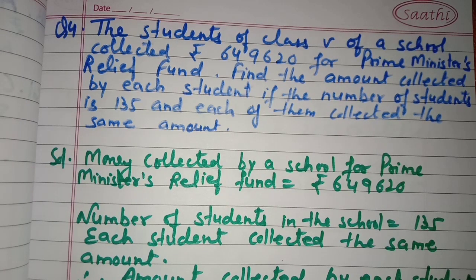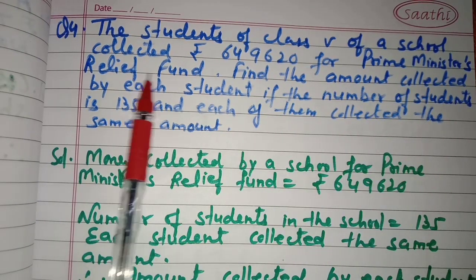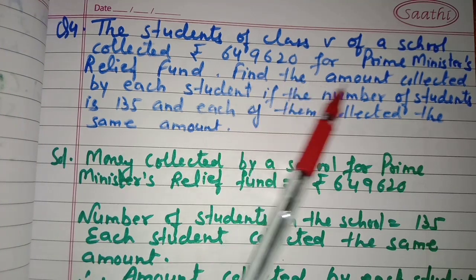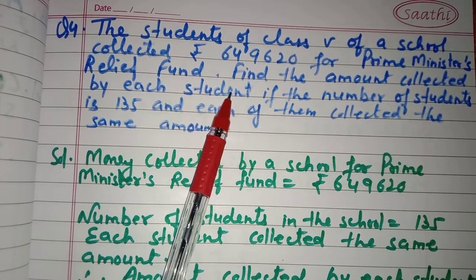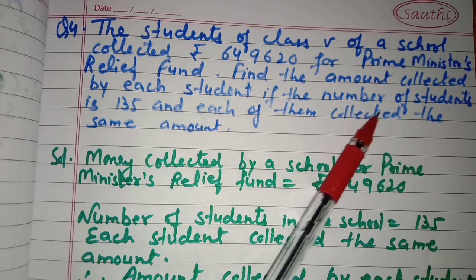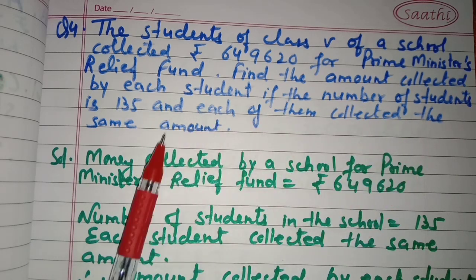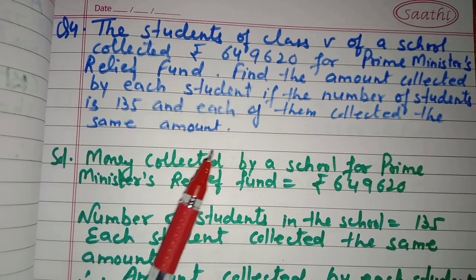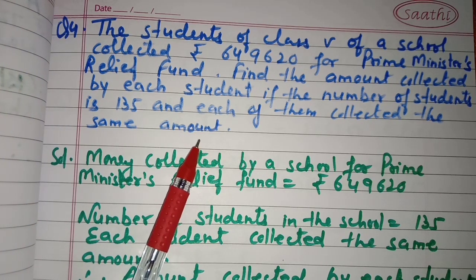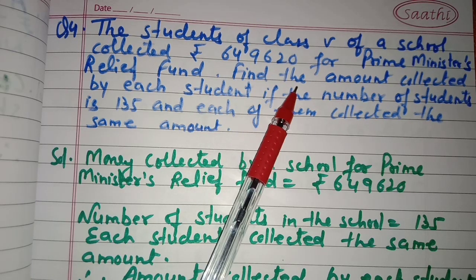Now next is question number 4. The students of a class 5 of a school collected rupees 6,49,620 for Prime Minister's Relief Fund. Find the amount collected by each student if the number of students is 135 and each of them collected the same amount. Now, for Prime Minister's Relief Fund, students of class 5 collected the total amount of rupees 6,49,620.